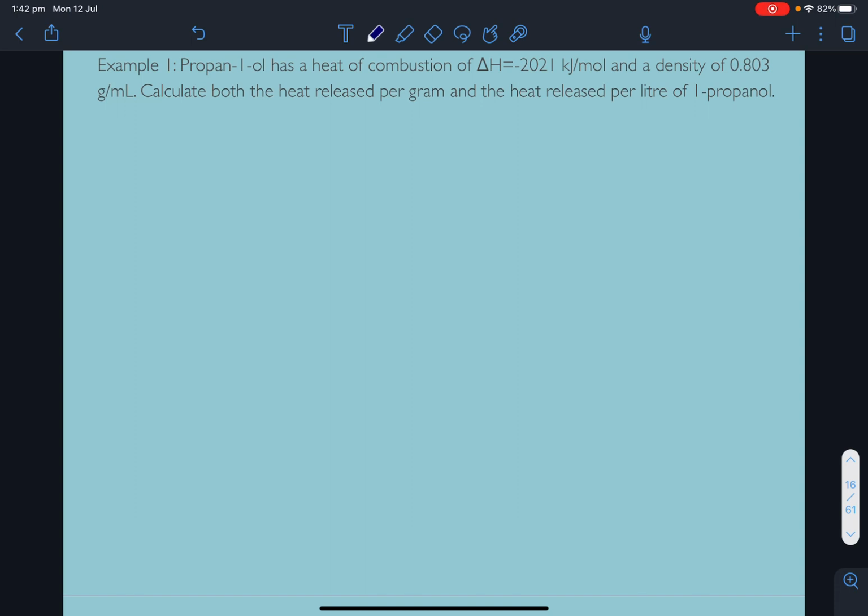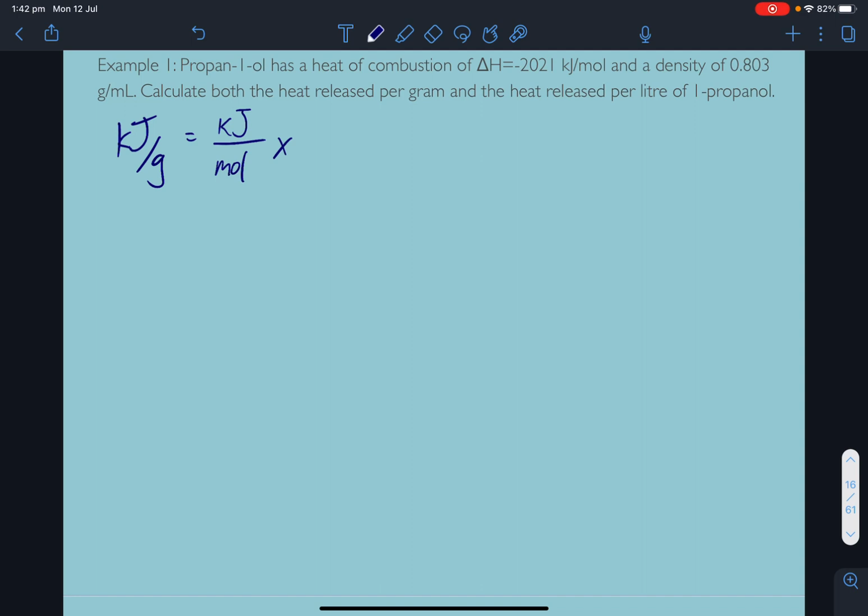So the heat release per gram, let's keep it all in kilojoules. We're looking for the unit kilojoules per gram, the heat release per gram. What we do have is the kilojoules per mole. So we're going to multiply it by some fraction.